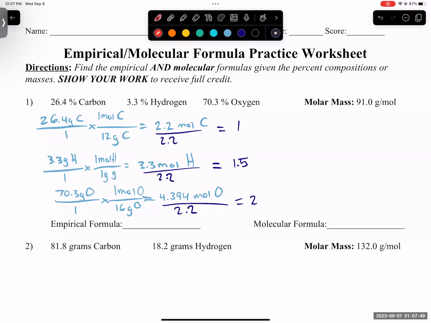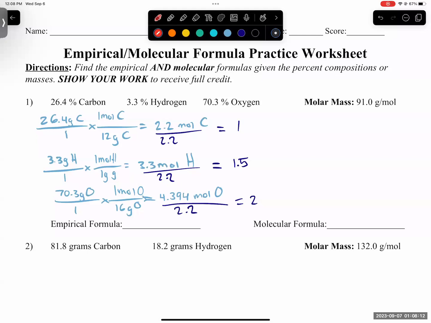Anyone else want to ask a question? Go ahead. Multiply by 2. And why? Because 1.5 means we don't have a whole number. Yeah, multiply everything by 2. Right now it says we have 1.5 atoms of hydrogen.